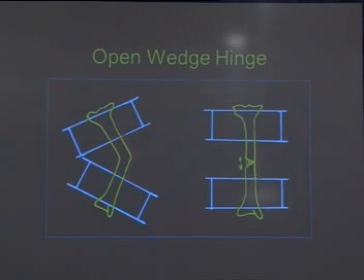Now, the different types of hinges: if you put a hinge at the level of the outer cortex, suppose you want to do an opening wedge hinge, then the hinge has to be at the outer cortex of the bone. And then when you do distraction here, gradually, you get a nice wedge type of opening at the osteotomy level. And therefore, this is called an open wedge hinge.